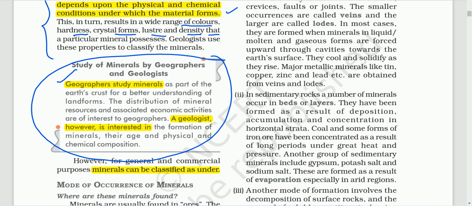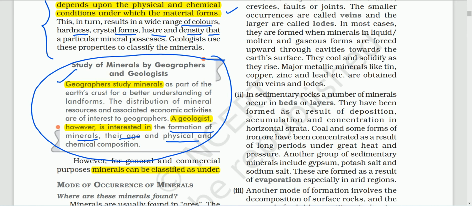The geologists, however, are interested in the study of the formation of the mineral: how the minerals are formed, how the minerals and the rocks originated, what is their age, and what is the physical and chemical composition of those rocks and minerals.